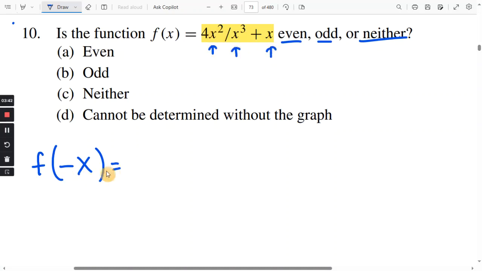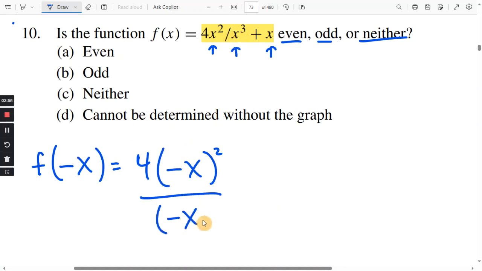So 4x squared is going to be 4 parentheses negative x squared. And that's divided by x to the third. But the negative x gets plugged in there, so that's going to be negative x to the third. And the last term is plus x, but it's negative x, so it's plus negative x.